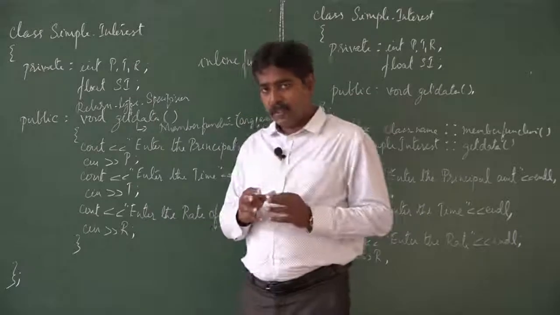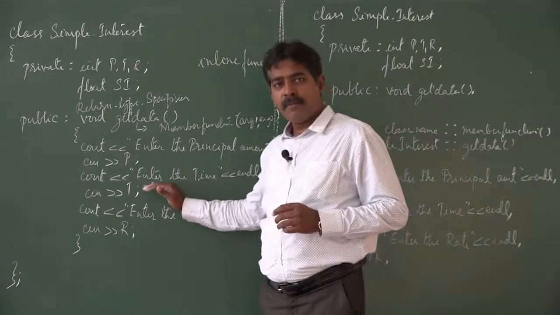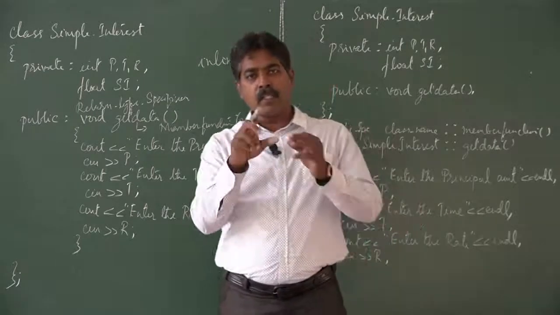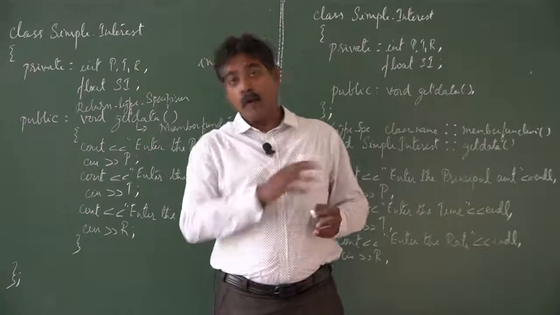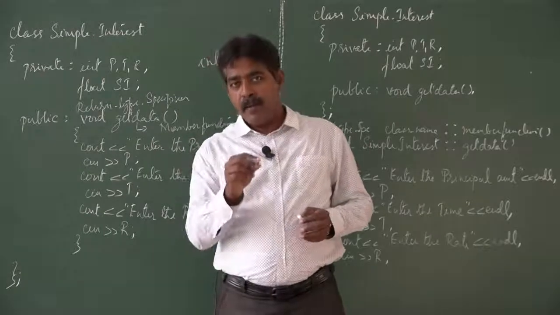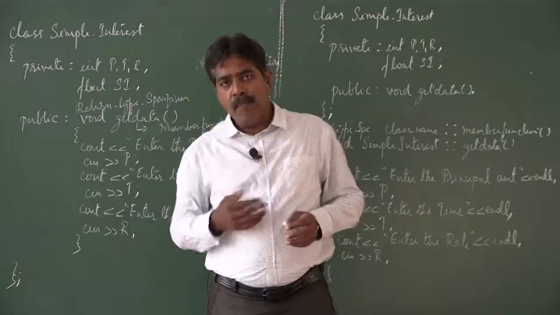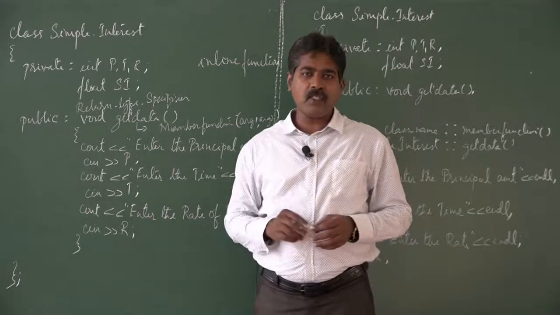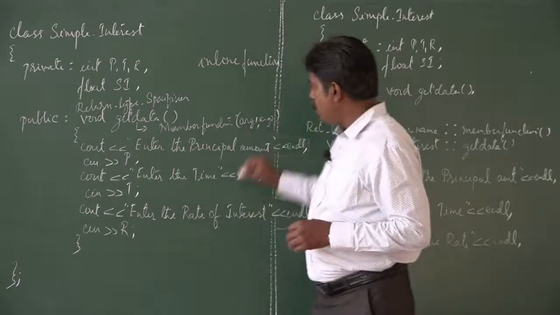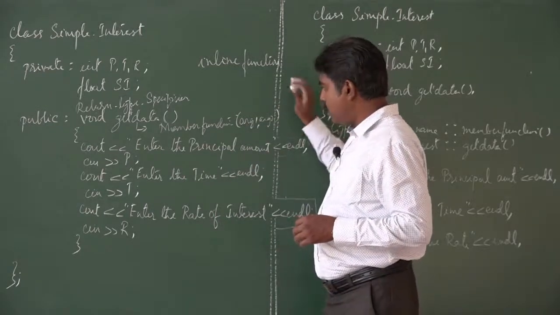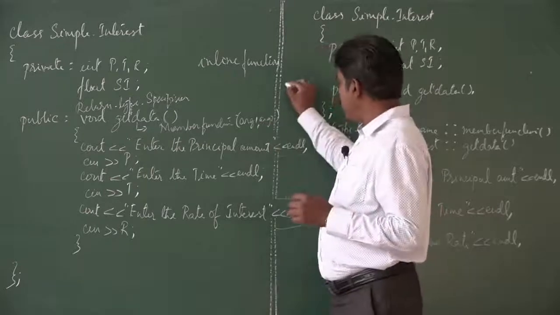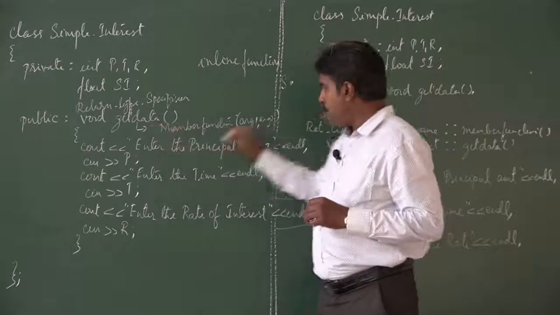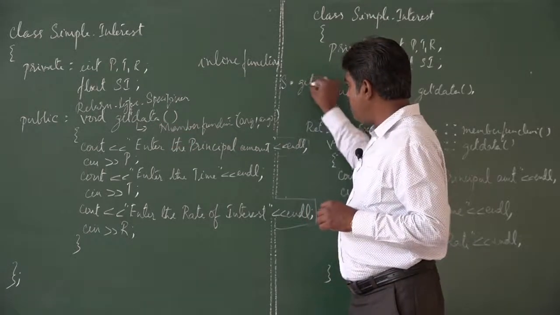When we access the public member function, we access it through the object from void main, because objects were created in main, outside the class, and then we accessed the member functions through the object by using the dot access operator. For example, S is the object and I would like to access getData, so I say S dot getData.